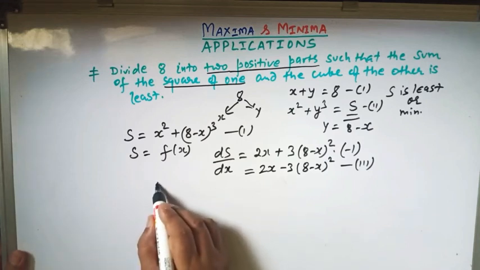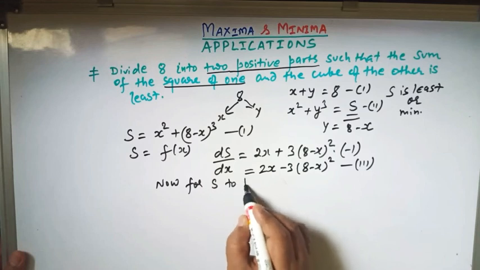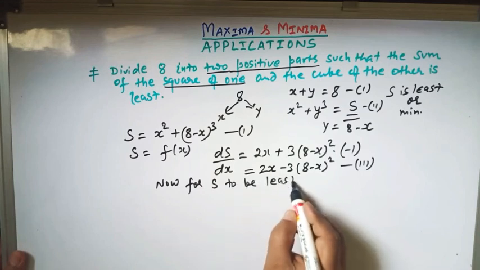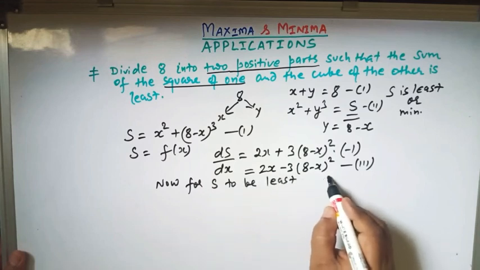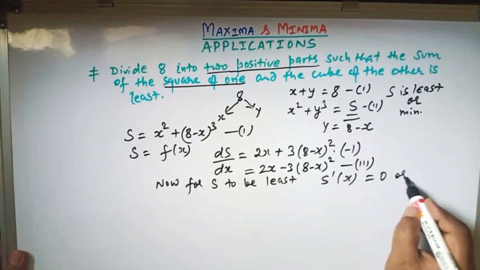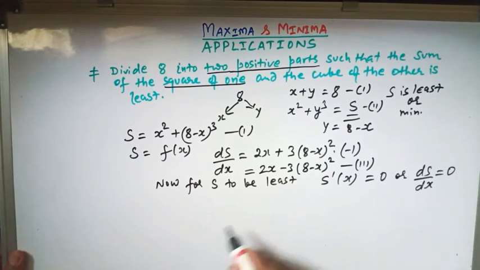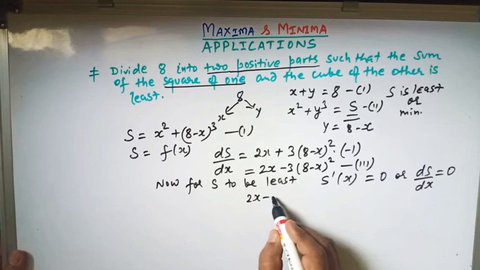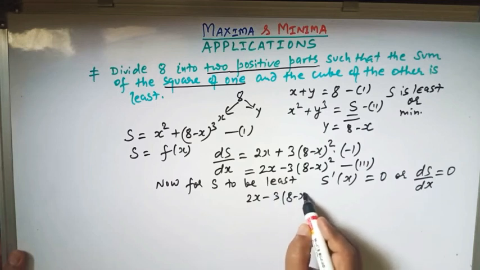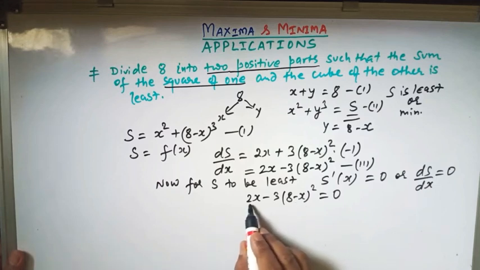Now for s to be least, the derivative s prime of x, or ds over dx, must be 0. So we have 2x minus 3 times 8 minus x square must be equal to 0.